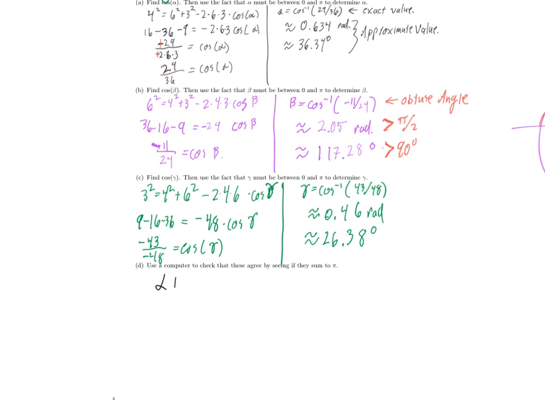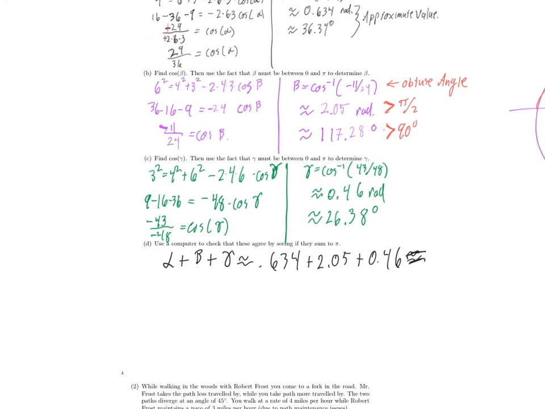So alpha plus beta plus gamma, I meant radians, is apparently approximately 0.634 plus 2.05 plus 0.46. Let's see what that adds up to. That adds up to 3.144. Yeah, that's pretty close to pi. It's not exact, but it can't be because you approximated.